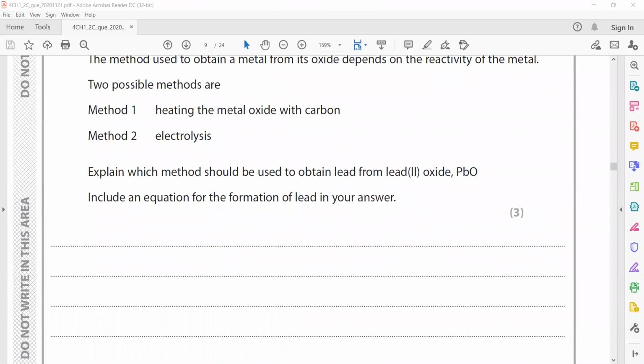Because carbon is more reactive and it can displace the lead from its oxide. Then we write the equation for lead oxide: PbO reacting with carbon. This will result in the formation of lead plus carbon dioxide.